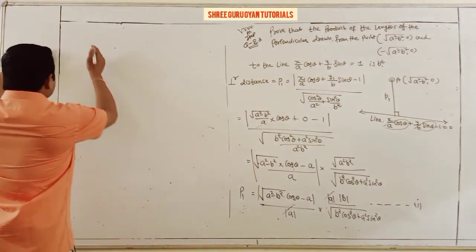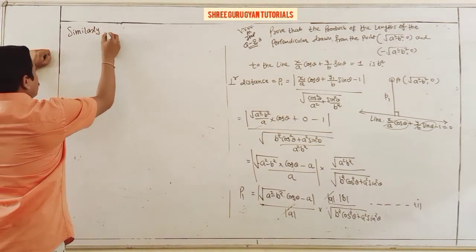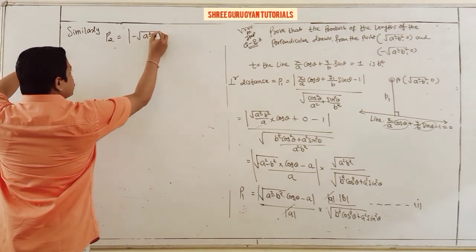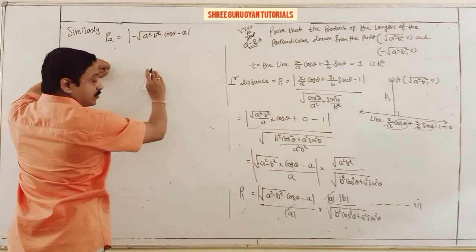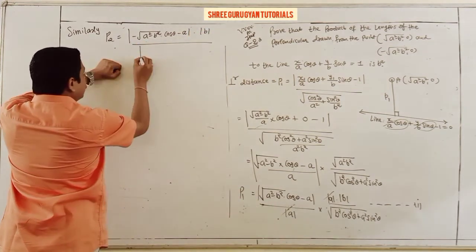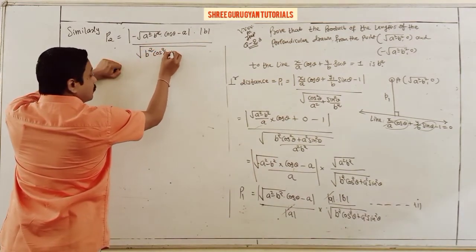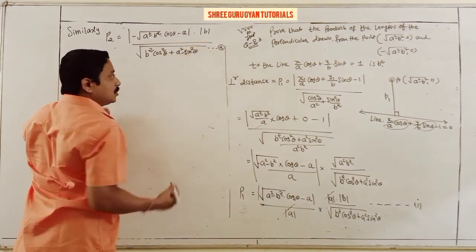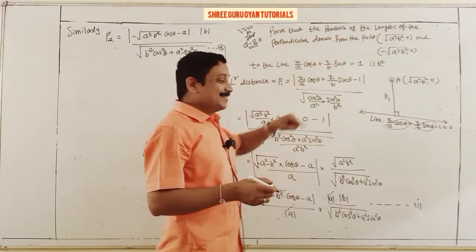So second, you write down similarly P2 distance is the same, minus under root a square minus b square cos theta minus a with modulus b upon, this is same, I write down, under root b square cos square plus a square sin square, and that's your equation number 2. Now read the question again, the product between them is b square.